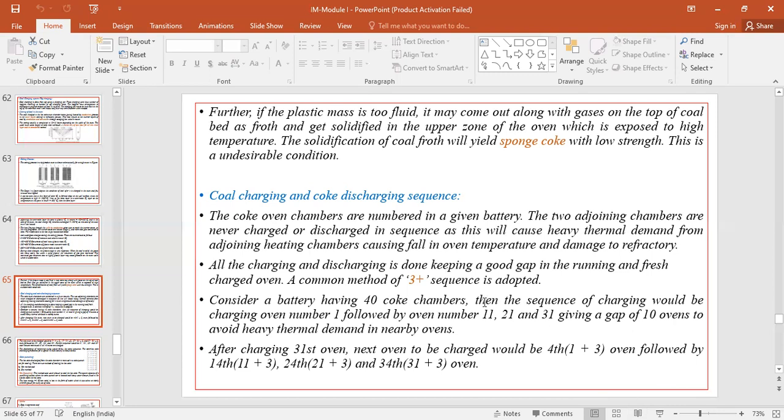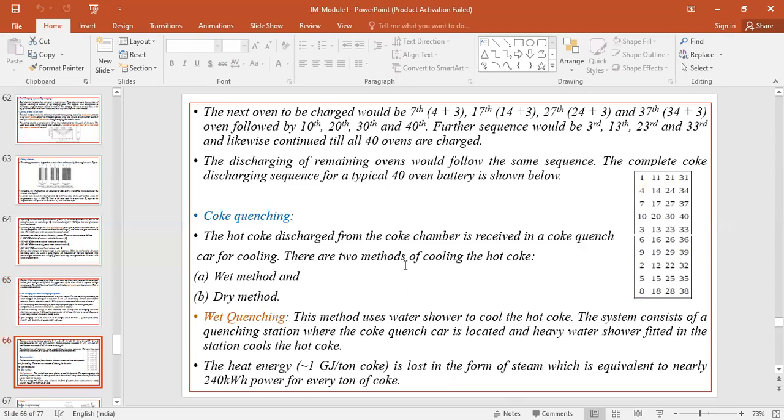Followed by the 14th oven, that is again 11 plus 3, the 14th oven. Followed by the 24th oven, that is 21 plus 3. So this plus 3 method you need to follow during charging as well as discharging of the oven to avoid thermal imbalance inside it.